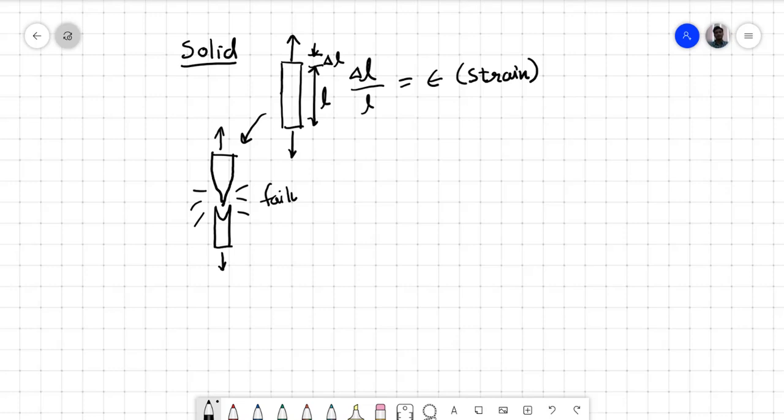Even if they are equal, there is a net shear acting on this body. After some time, this element will be deformed like this. Okay, this is known as shearing action.